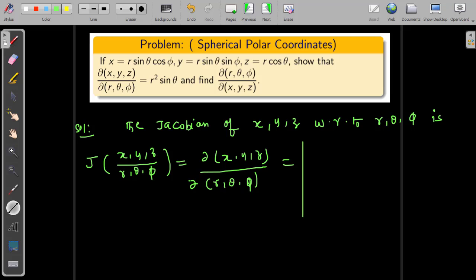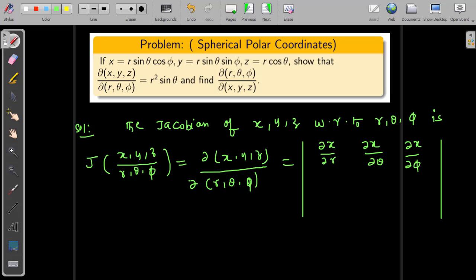a determinant of order 3 by 3 which contains 9 elements. The first row is x_r, x_theta, x_phi, the partial derivatives: dou x by dou r, dou x by dou theta, dou x by dou phi.